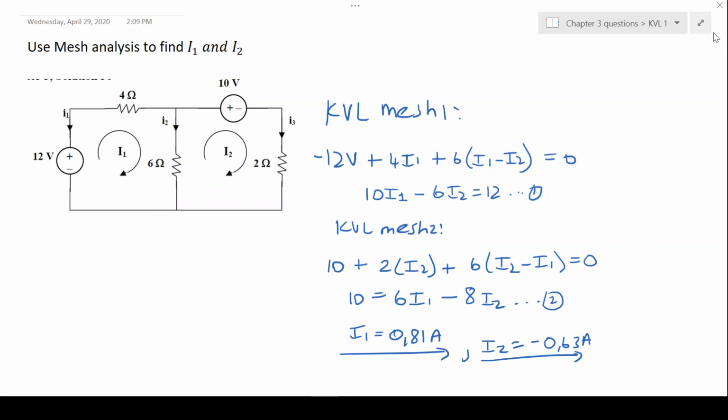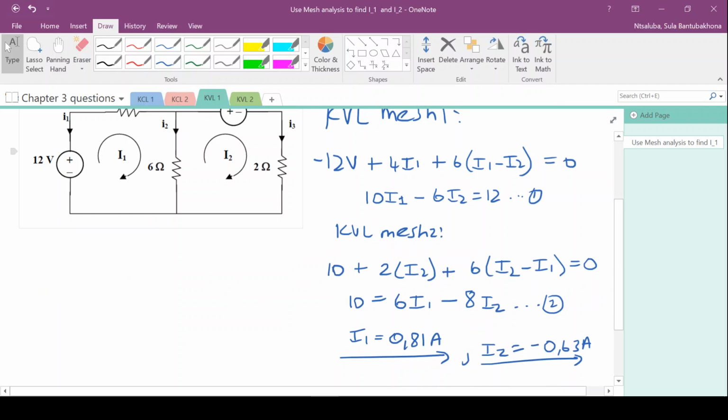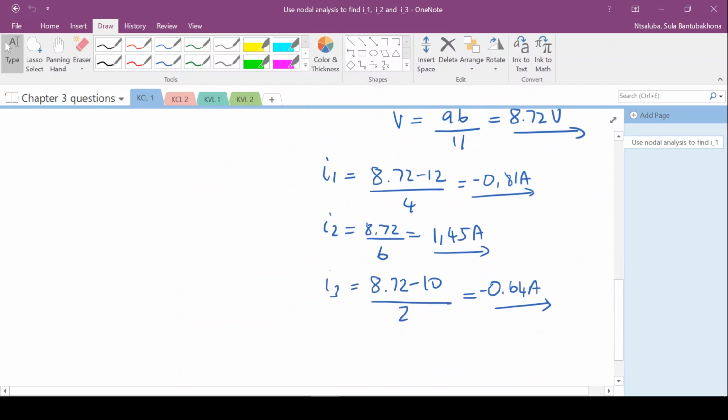So this is the usage of mesh analysis to find the currents I1 and I2.